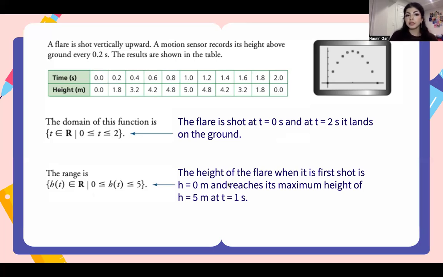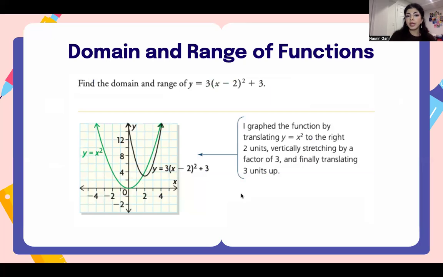Now, let's look at another problem where we will just have a quadratic function. So here, we are given the quadratic function y equals 3 times x minus 2 squared plus 3. Again, I mentioned we are not focusing on how to graph today, but we will be remembering some of our translating of our functions.